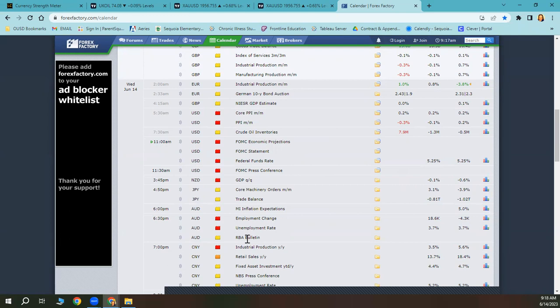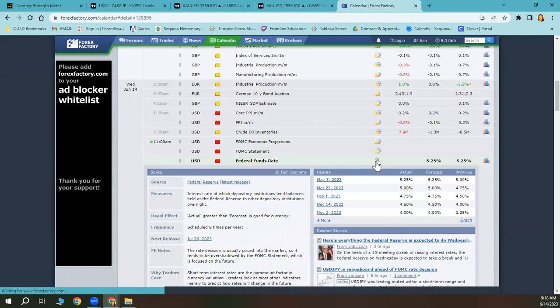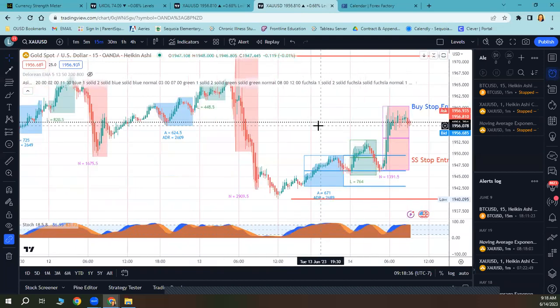So what I like to do is I like to back test now, right? So I'm going to click on, you can look at the federal funds rate, any of these. It's going to all kind of give you the same dates. Just check the dates that this all kind of happened because it happens at the same time. So the first one, we're just going to look at this year, was May 3rd. So I'm going to go back over here. I'm going to scrunch up my chart.